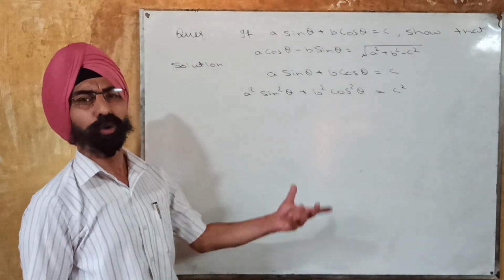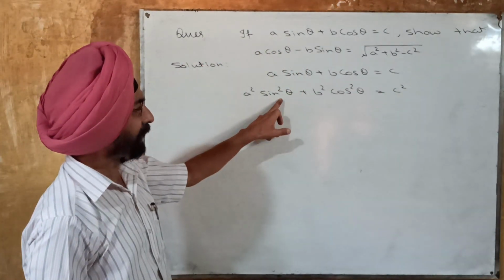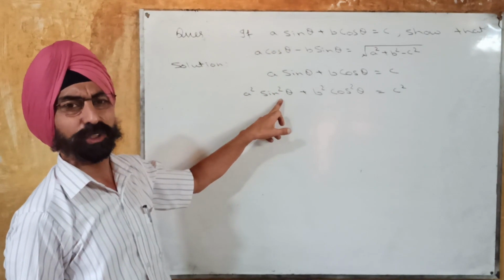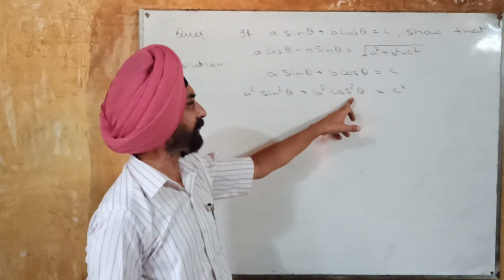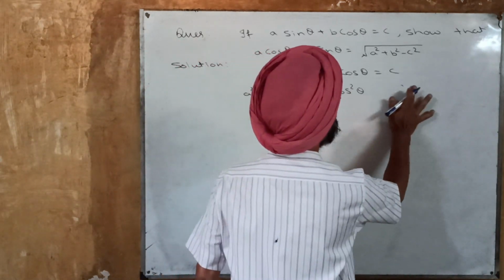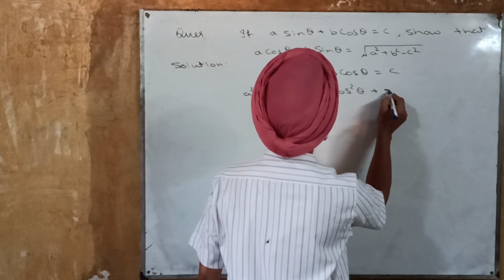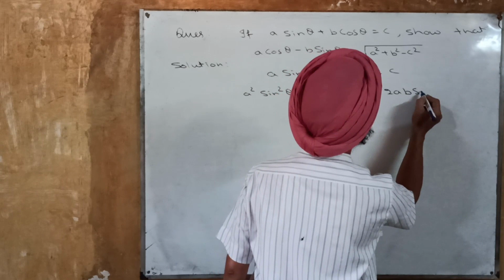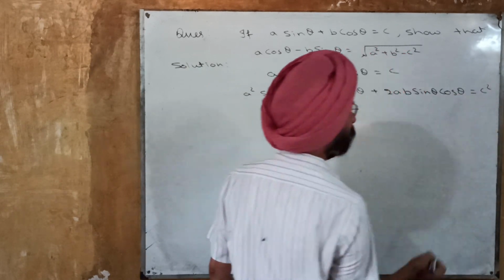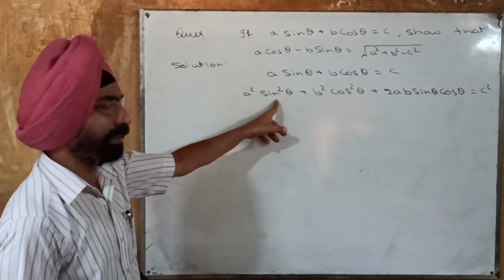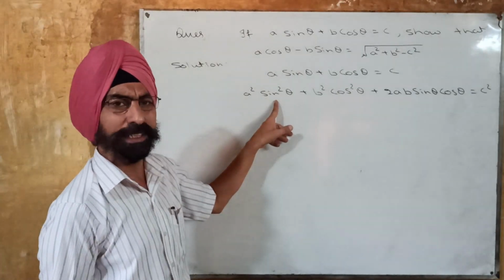And now the key point of this question: write this sin square theta as 1 minus cos square theta and this cos square theta as 1 minus sin square theta. And sorry, here one term was missing, 2ab sin theta cos theta, is equal to c square.